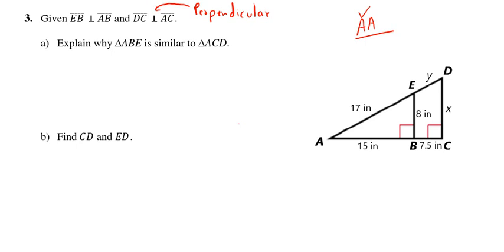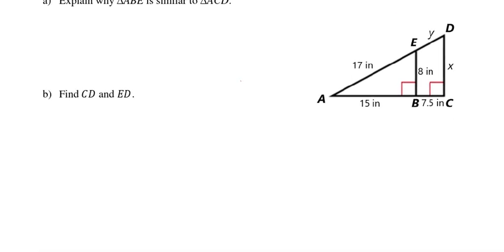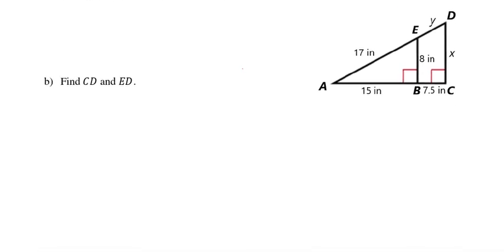So let me see if I can move this up. If I separate these two triangles, you can get this small triangle, which is A, B, and E, and the big triangle, which is like this.